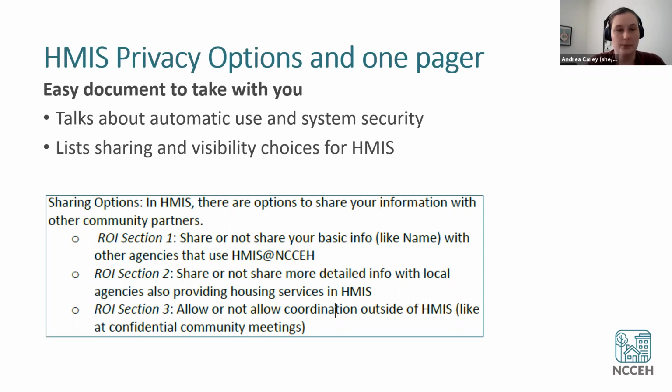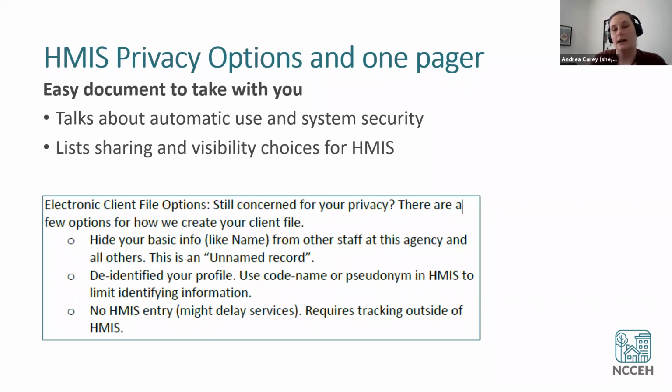We've got the options broken out between sharing options in HMIS, and you can see here that screenshot of the ROI sections 1, 2, and 3. And then, just really clarifying that depending on which options someone chooses, hopefully they are willing to work with us and allow the maximum coordination and sharing.